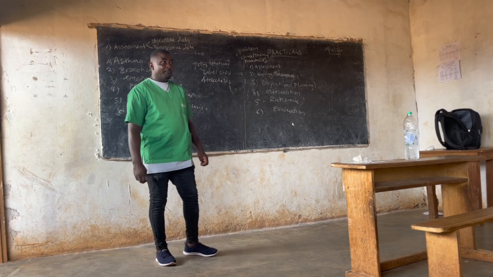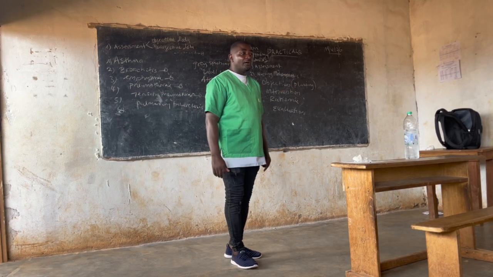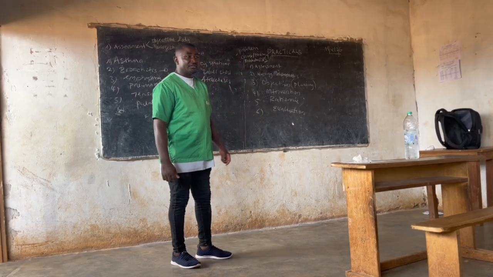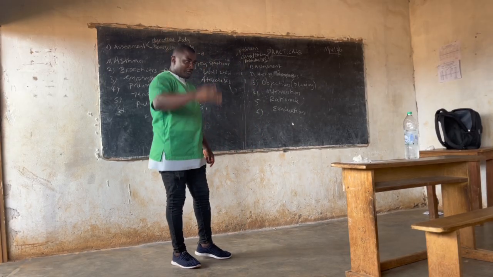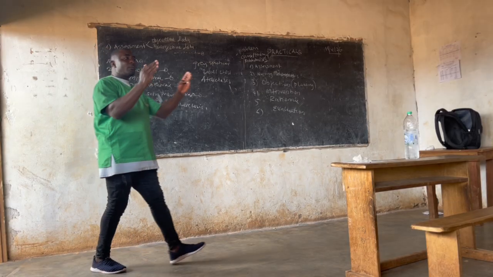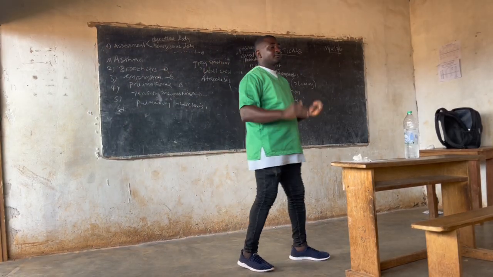Are we there? According to the American Society of Gynecologists, it should be a weight of 4.5 kg and above. So macrosomia means big baby.